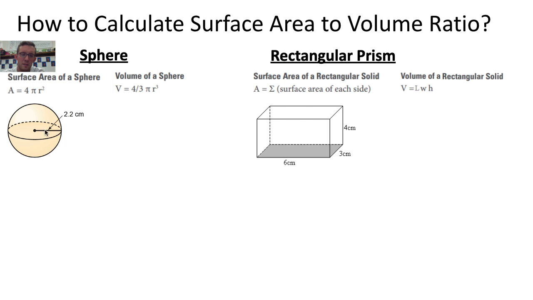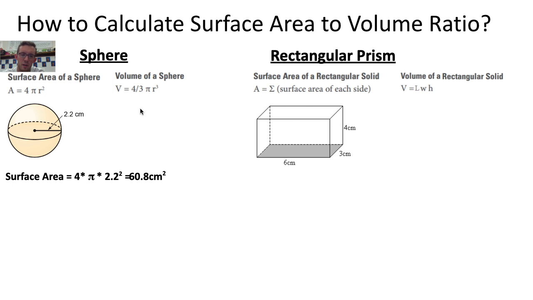For this sphere, the area is equal to 4 pi times the radius squared. Our radius is 2.2 centimeters, so we would find that the surface area of this sphere is 60.8.